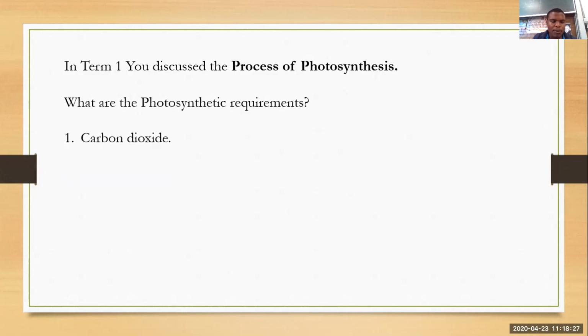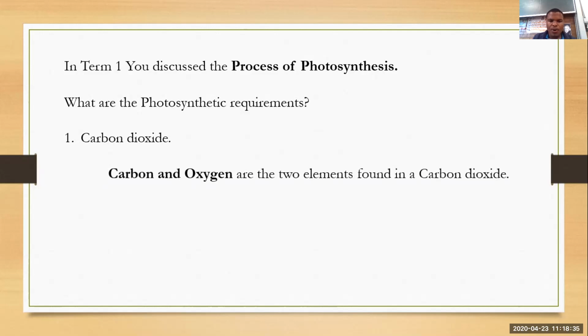For an example, carbon dioxide, which is the gas that comes out of you that is taken up by the plants for photosynthesis, is made up of 2 elements, carbon and oxygen. These are 2 elements found in carbon dioxide. So carbon dioxide on its own is a compound, but it's made up of 2 elements, carbon as well as oxygen.